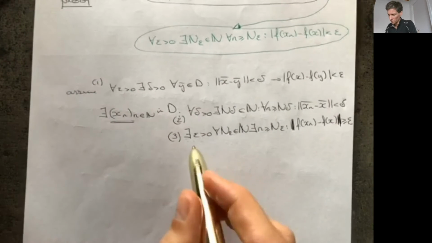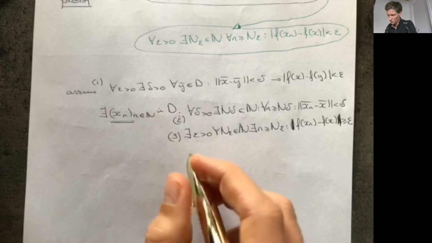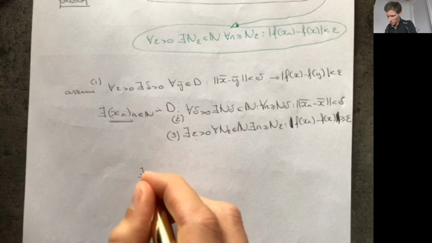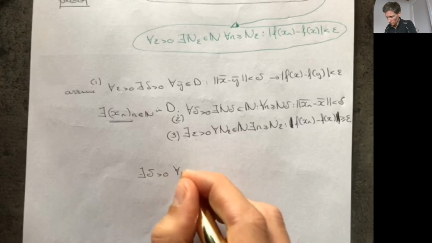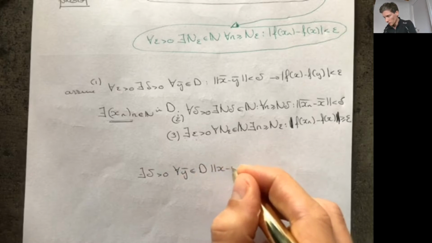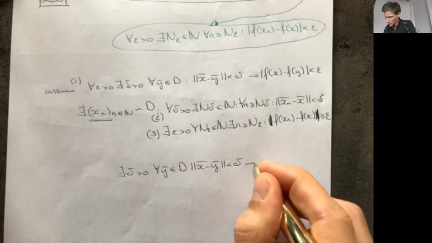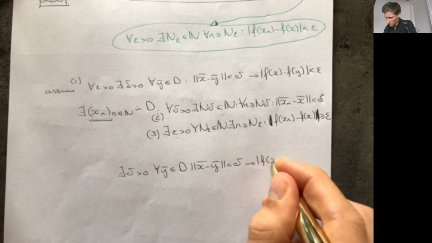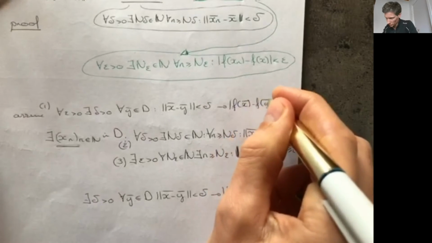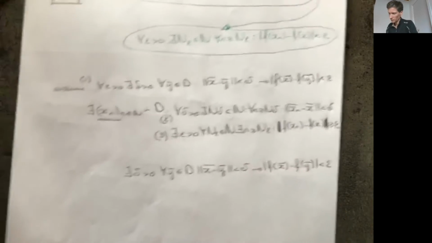Then we know that there exists a delta bigger than 0, such that for all y in D, if |x minus y| is smaller than delta, then |f(x) minus f(y)|, and these should all be vectors here, is smaller than epsilon.